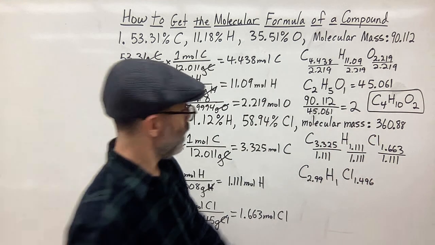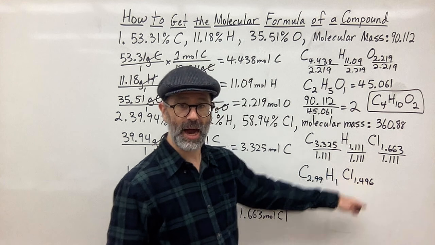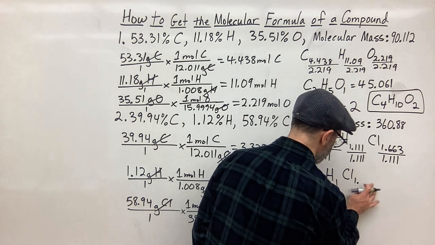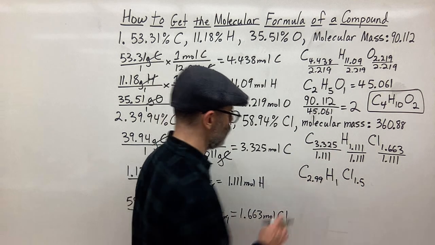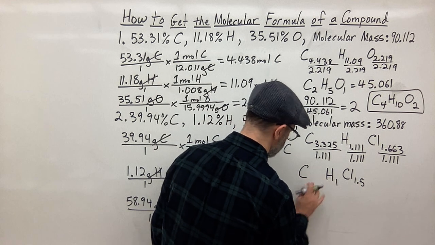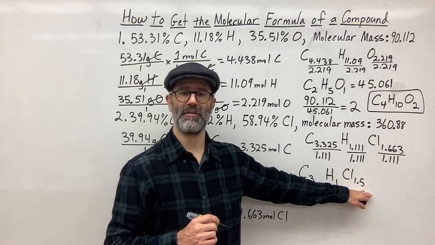You can see that this is really close to 1.5, so we could just round that to 1.5. And this is really close to 3, so we could round that to 3 easily. So that's 3, and now we have this obvious half.